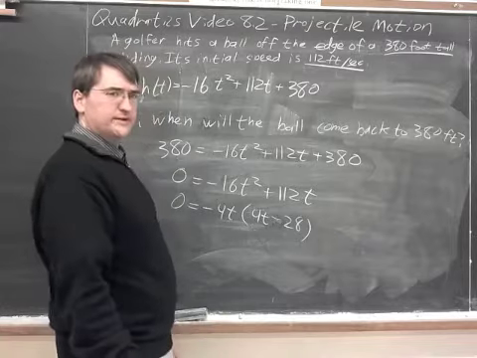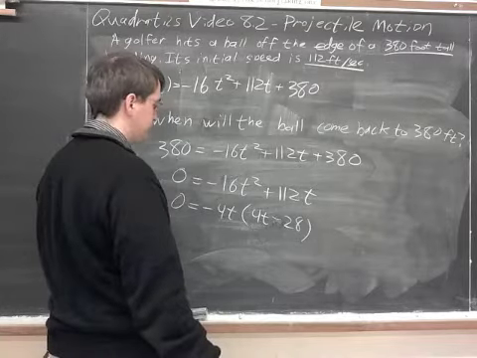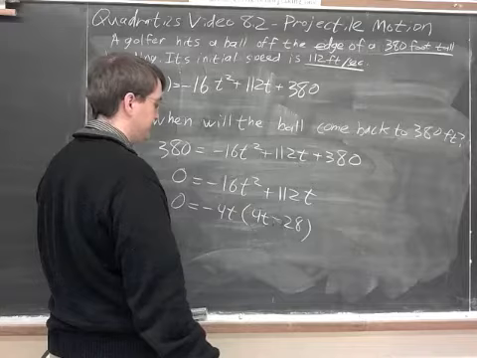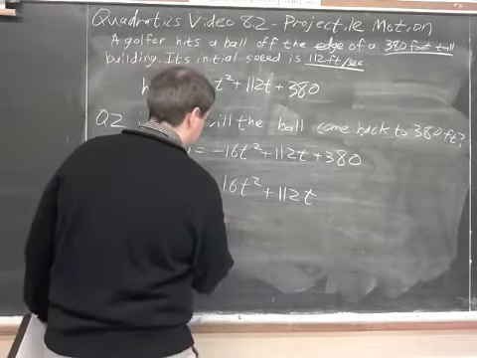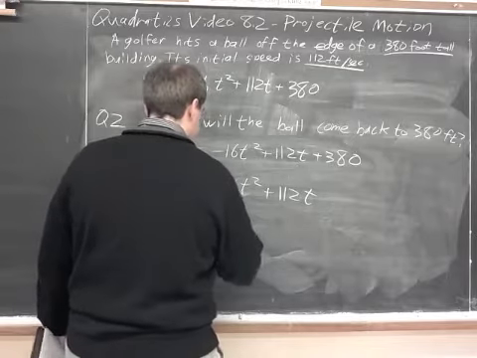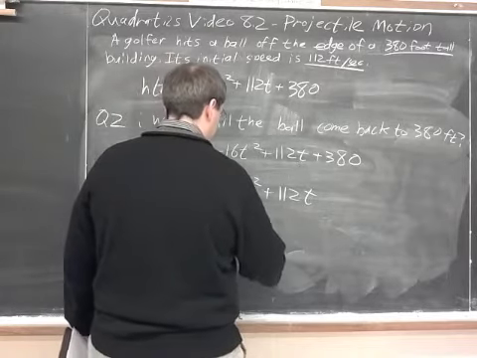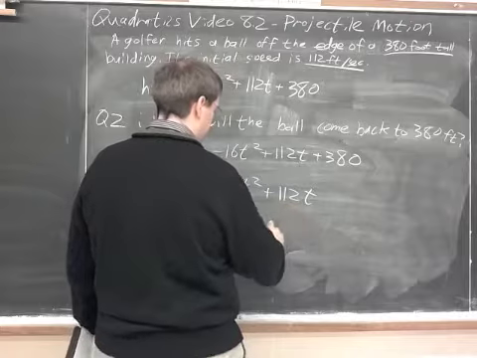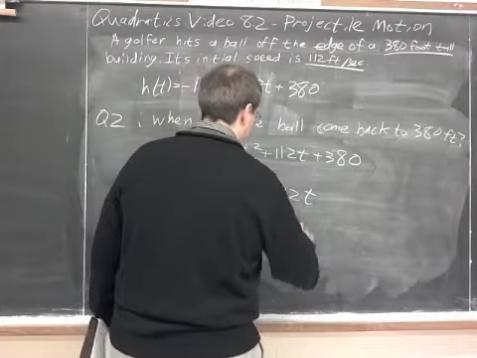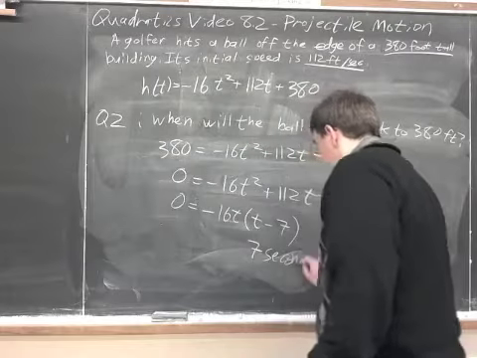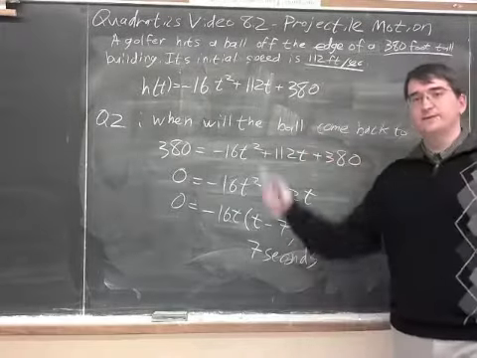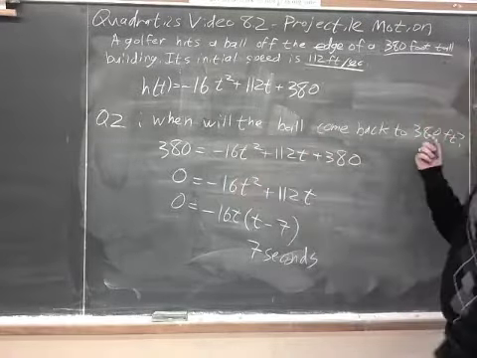But 4 isn't the greatest common factor, is it? No, I think I could take out a whole 16. Negative 16t times t minus 7. It's after 7 seconds. It'll take 7 seconds for the ball to reach that same height, 380 feet again.